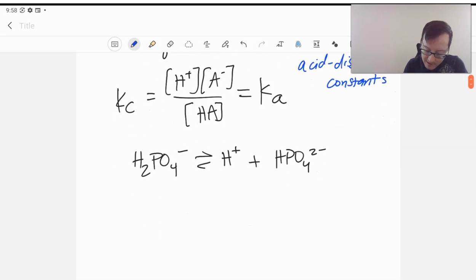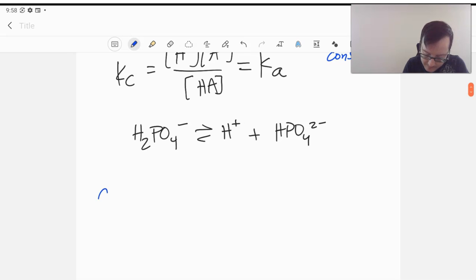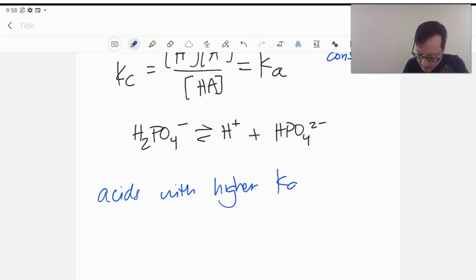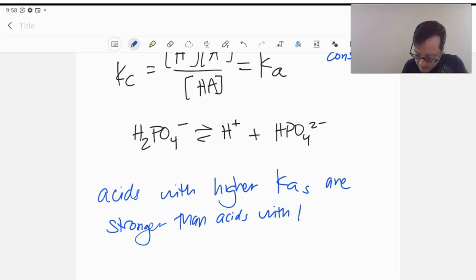If we wanted to compare acids, acids with higher Kas are stronger than acids with lower Kas. They dissociate to a greater extent.